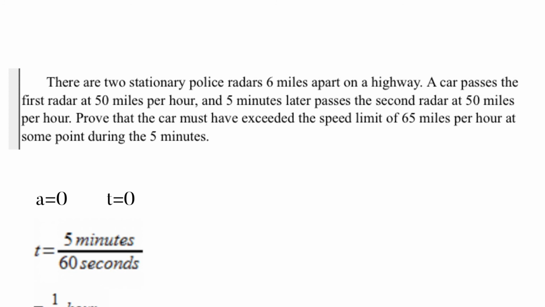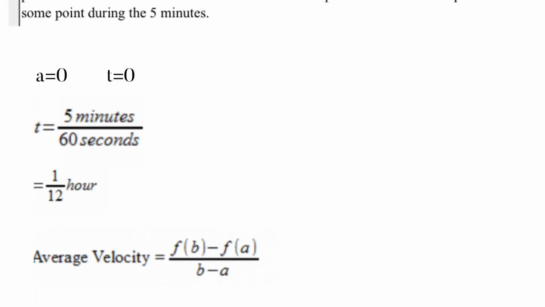Now for the average velocity of the car over this 6 mile section of highway, we are going to use the MVT, which is the mean value theorem. So the average velocity equals f(b) minus f(a) all over b minus a. We plug in our answer, which we got lately, 1 over 12.